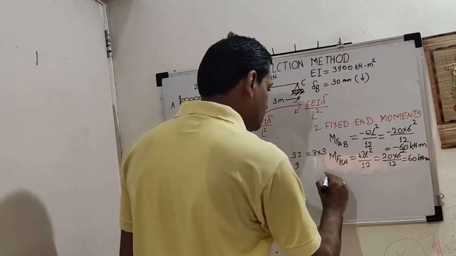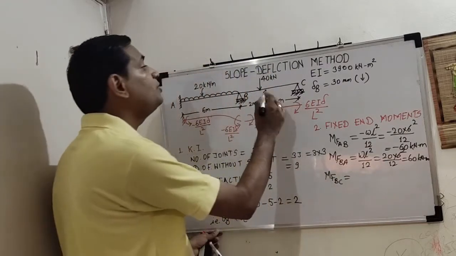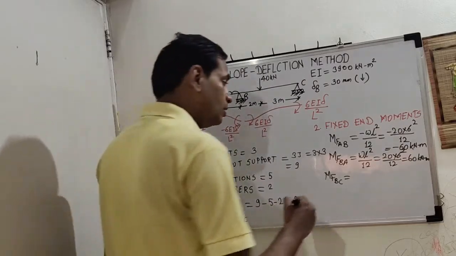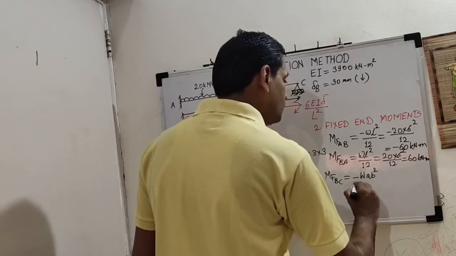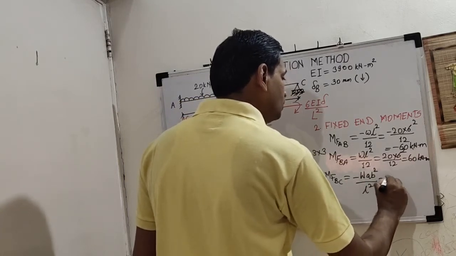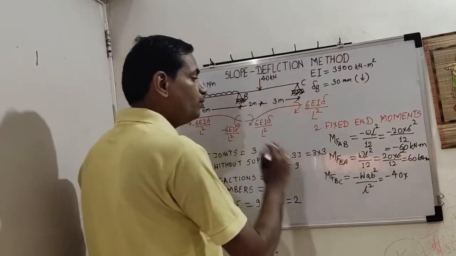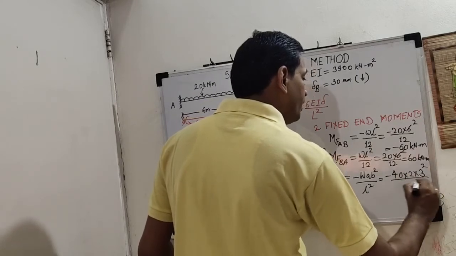Then MFBC, BC span is subjected to eccentric point load. So minus WAB square upon L square. So minus 40 into A is 2 meter, B is 3 meter divided by 5 square.